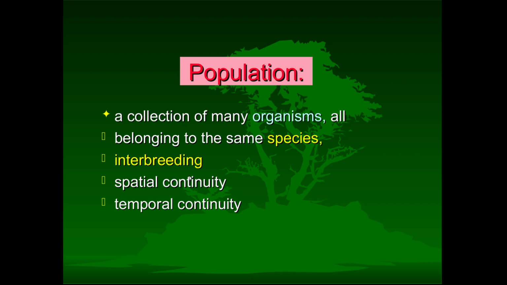Individuals are related to each other, and the closer in space, usually the more closely related individuals are. They're all the same species, so their individuals are capable of interbreeding with each other using whatever mating system and sexual system they have. And a population has temporal continuity. Next generation's individuals are the offspring of this generation's individuals. And this generation is the offspring of the last generation. So there's temporal continuity.